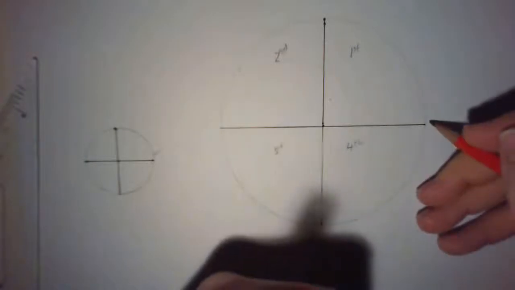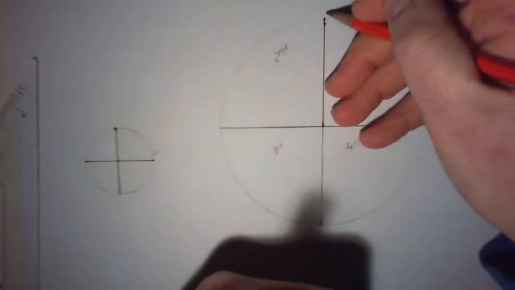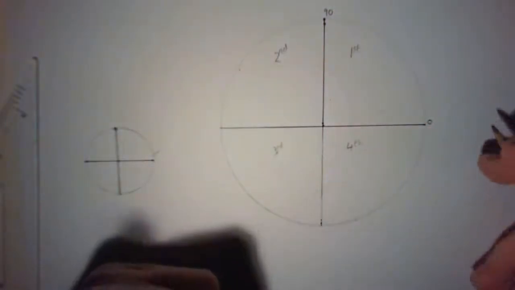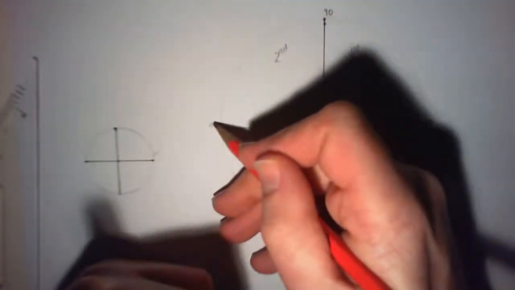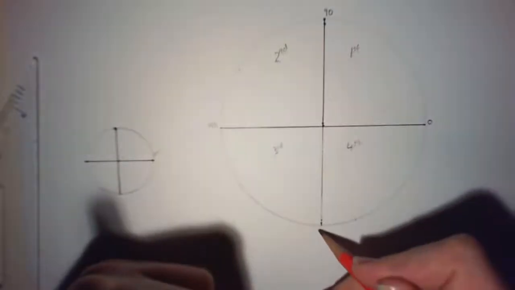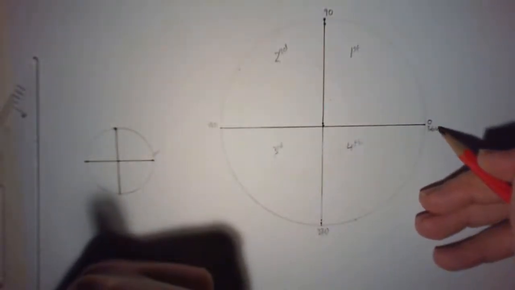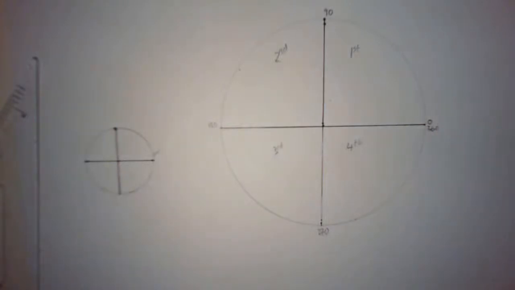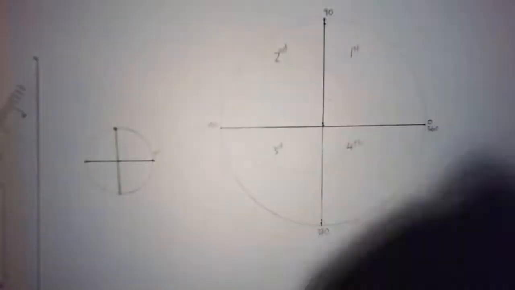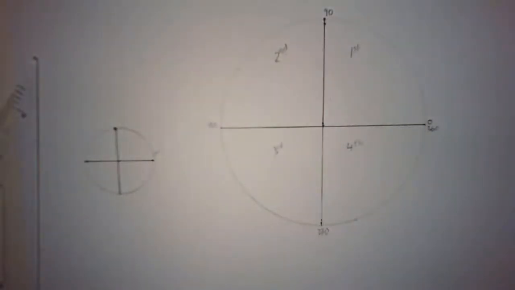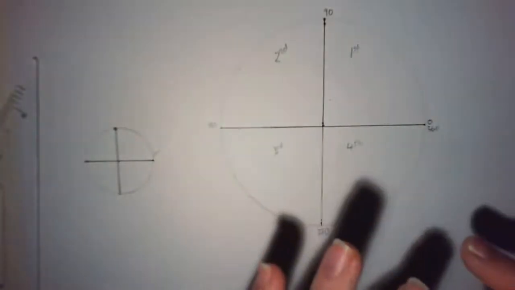This one is 0 to 90, this one is 90 to 180, this is 180 to 270, and this is 270 to 360, which also occupies the same space as 0. So it's a full rotation of 360. That's the basics of it.